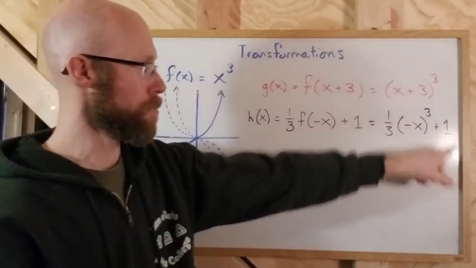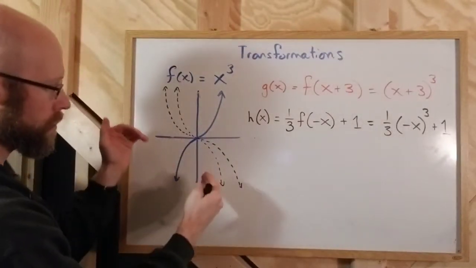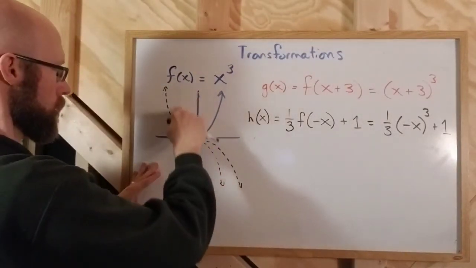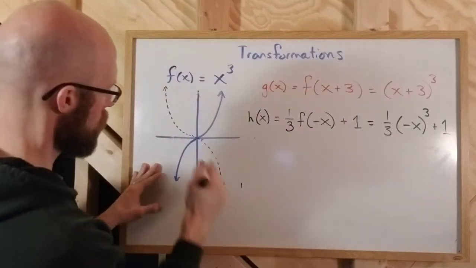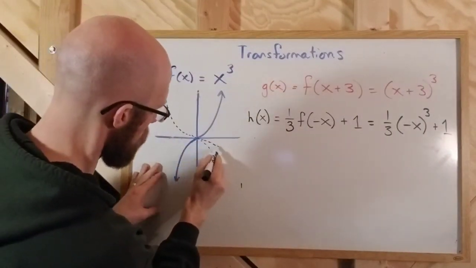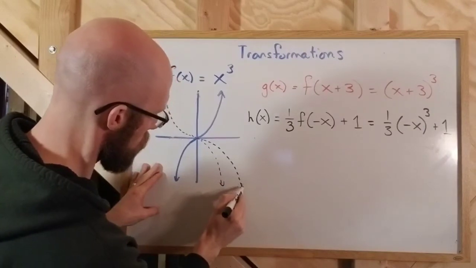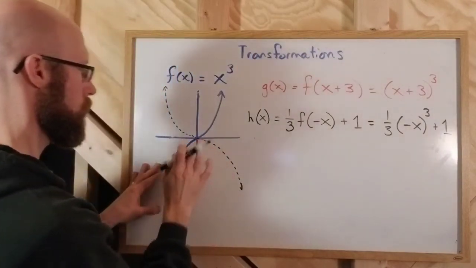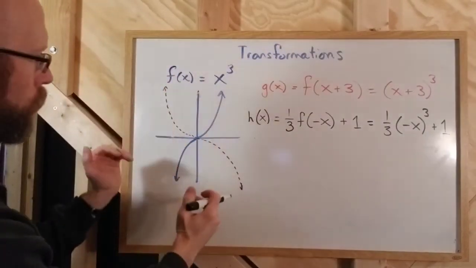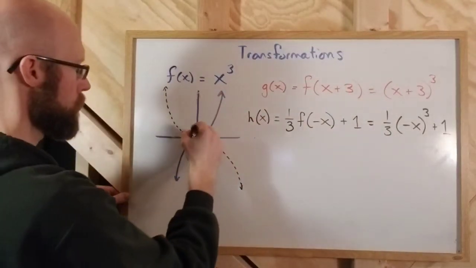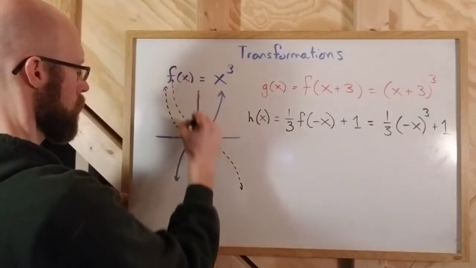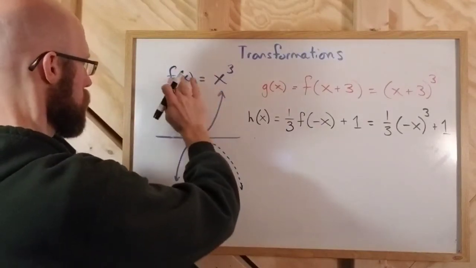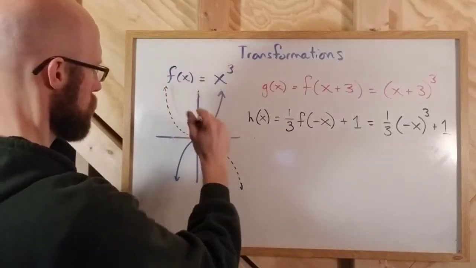And then you have a plus 1. So you take that last graph, and in fact I'm going to erase the other one in between. And I just erased the wrong part. There. So you would take that last graph, the wider one, and you would shift it up 1 unit. So we go up 1. Oops, that is not wide enough. I'm trying to mimic this here.